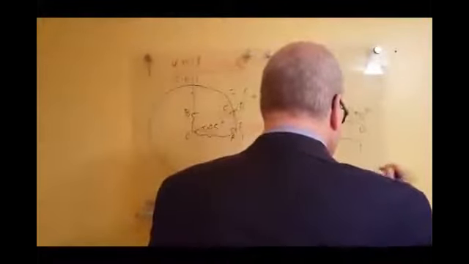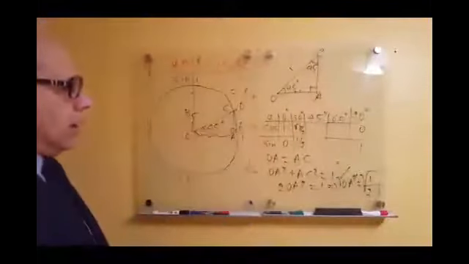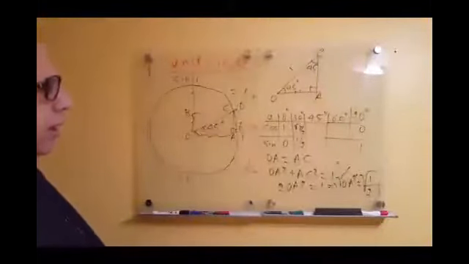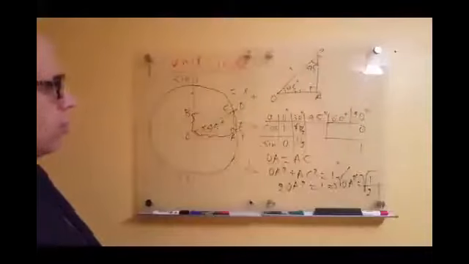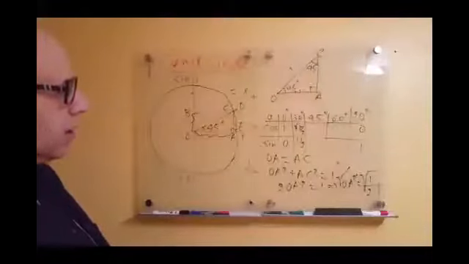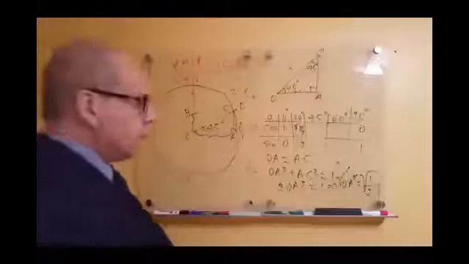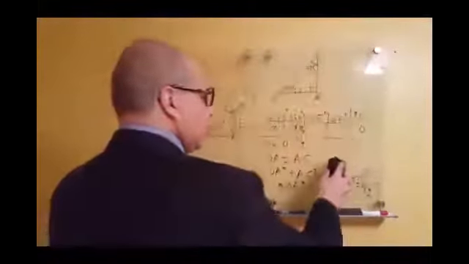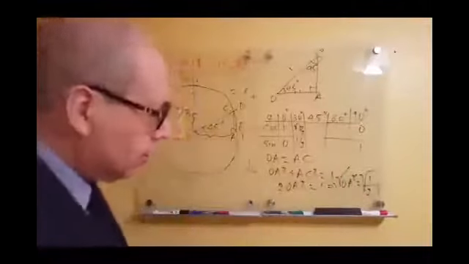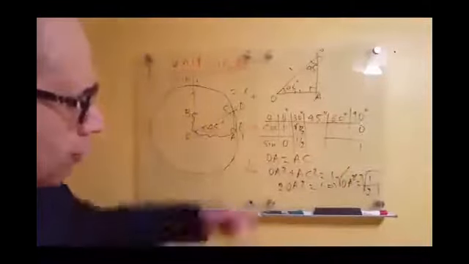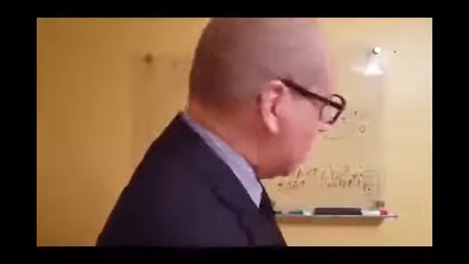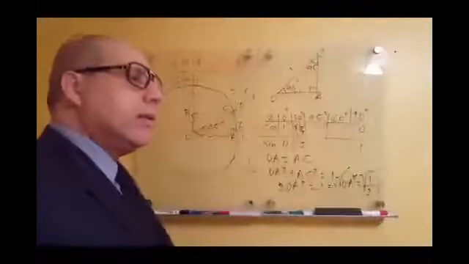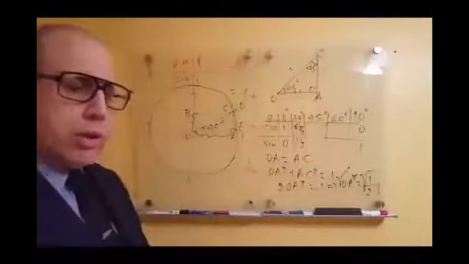Then if you take the square root on both sides, you have that OA is equal to the square root of 1 over 2. Because usually we don't like square roots in the denominator, we want to rationalize this, so that there is no square root in the denominator.